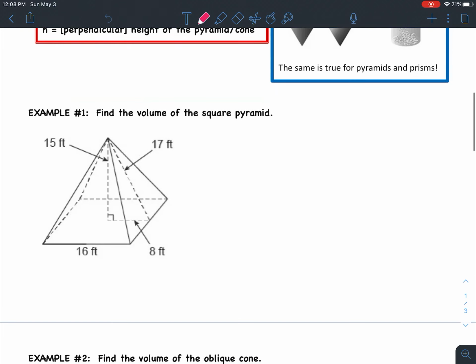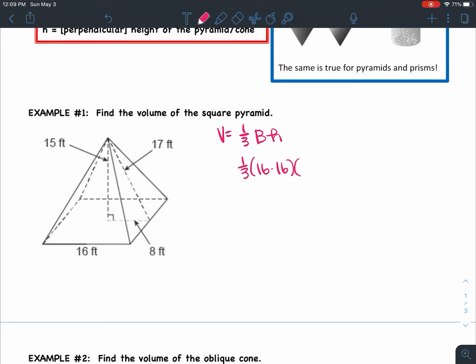Same goes for pyramids. So if I want to find the volume of the square pyramid, volume is equal to 1/3 area of the base times the height between the bases. And the area of our base is a square, so I'm going to have 1/3 of 16 times 16.